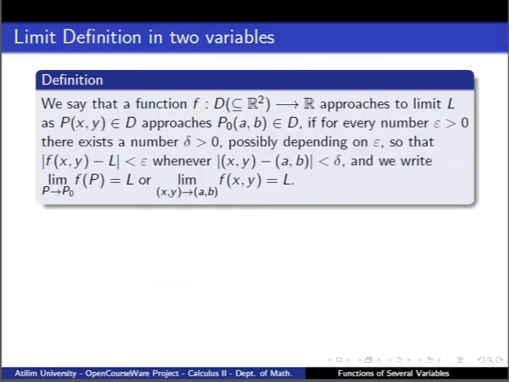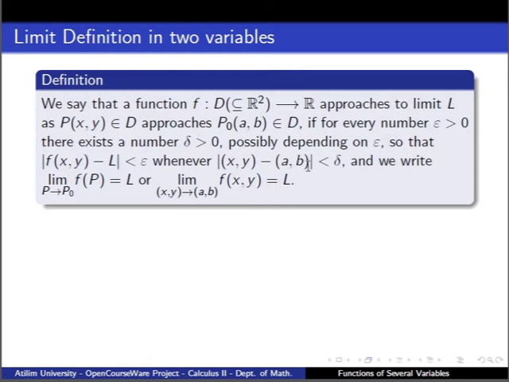Now, if you go through the epsilon delta definition for the limit of a function of two variables, this is very similar to the single variable functions. But note here, in the lines that I want to show, f of (x, y) minus L can be replaced by f of P minus L, which is very similar to the single variable function, and (x, y) can be replaced by P, and (a, b) can be replaced by P0.